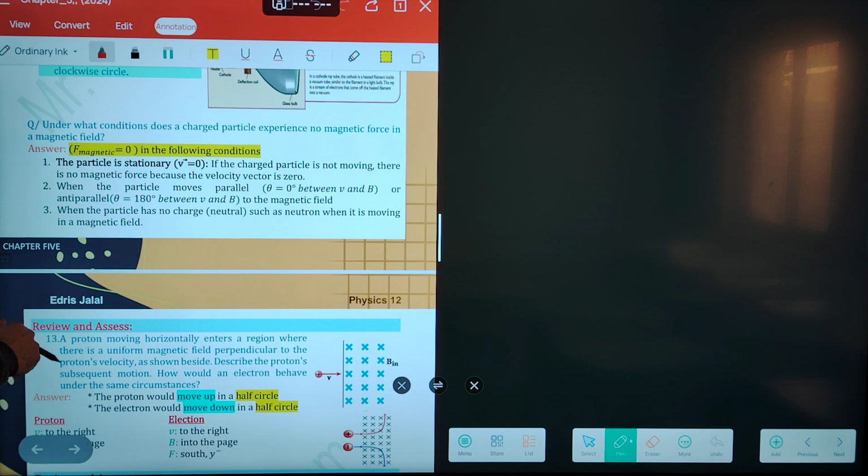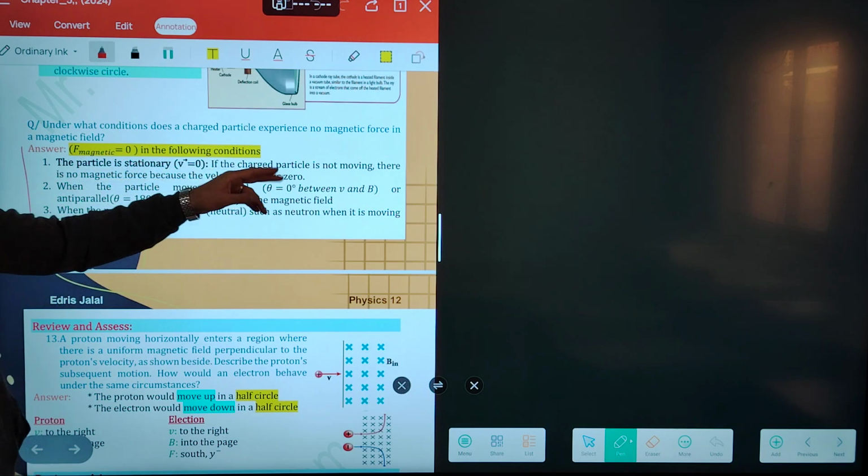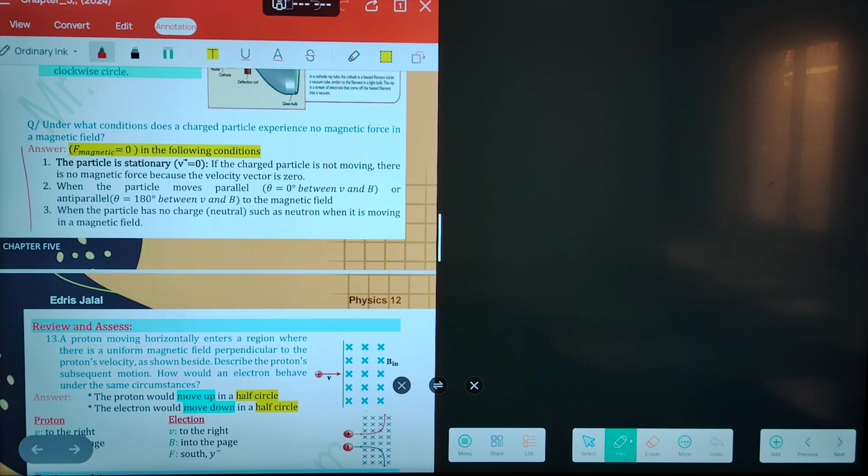Under what conditions does a charged particle experience no magnetic force in a magnetic field? First, if the particle is stationary, there is no magnetic force because the velocity is 0. Second, when the particle moves parallel to the field, angle 0 or 180. Or when the particle has no charge, like a neutron.